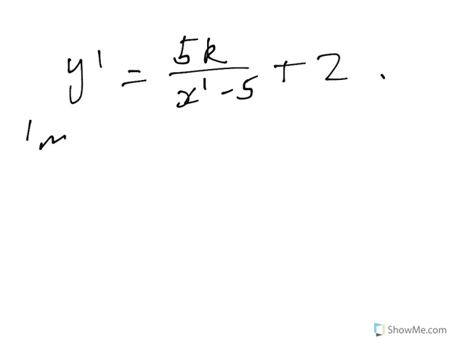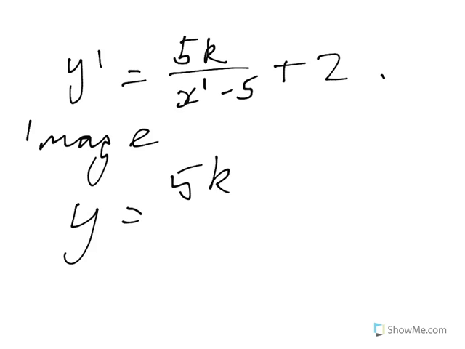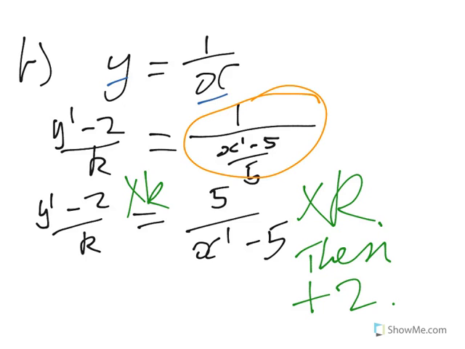So our image then is the graph or the equation that relates to the graph y equals 5k over (x minus 5) plus 2. So that's part B.